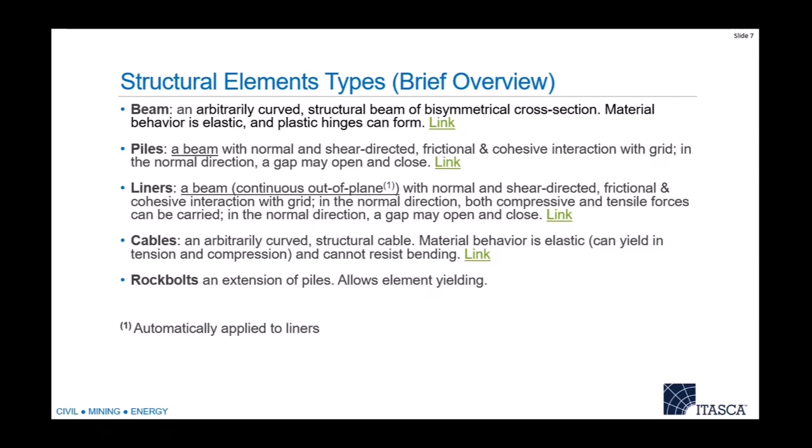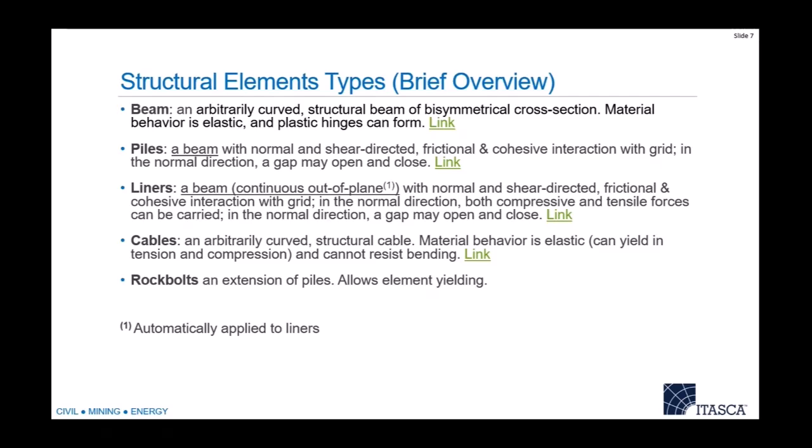All right, so beams, piles, and liners are all very similar in how the element itself responds to forces. They're very different in how they interact with the grid. Cables are different in the fact they are strictly 1D elements. Basically, they cannot resist any bending moment. It's basically like a string, except it's a cable.